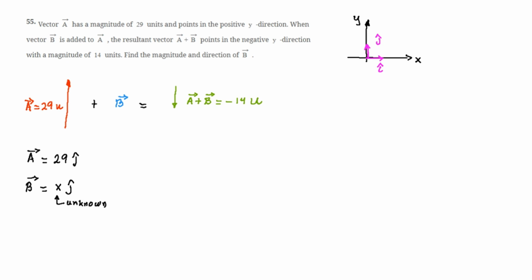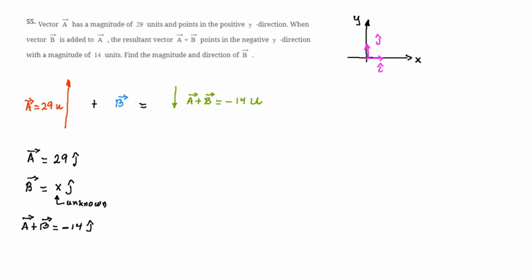And I know that my vector A plus B, in terms of the univectors, would be minus 14j, because this vector points downward.